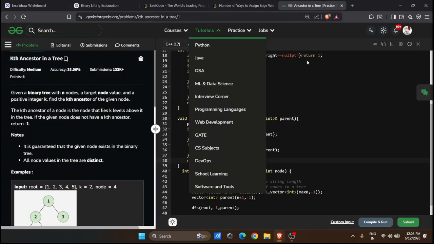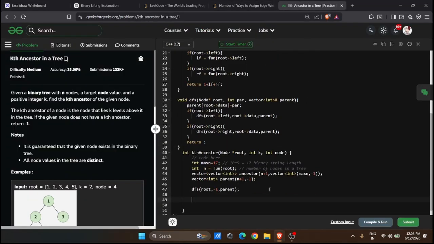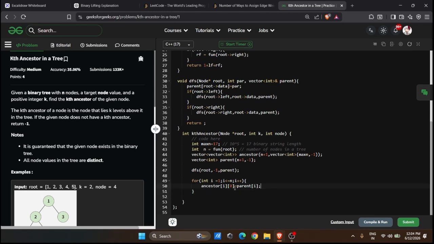Now coming back to the question. Now I will fill all the 0th level, or 2 power 0, meaning 1st level parent, in the ancestor table. So this function fills all the nodes at level 0. Level 0 means 2 power 0, which is 1, so it means level 1 of the ancestor table. Now I filled the first row manually.